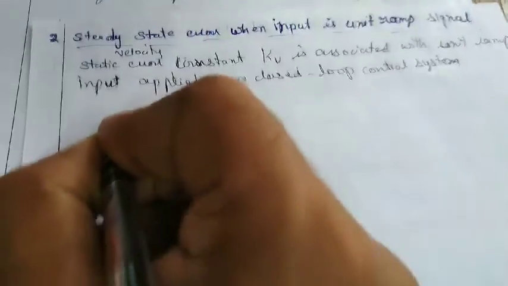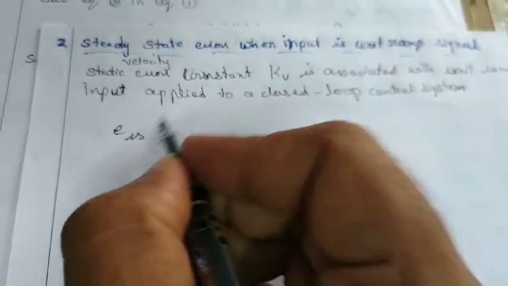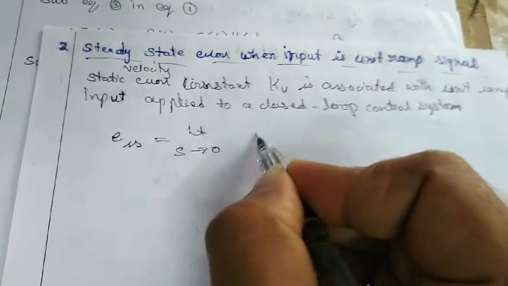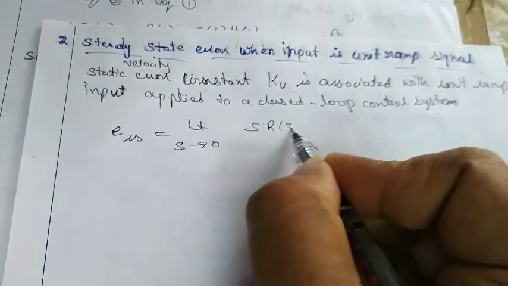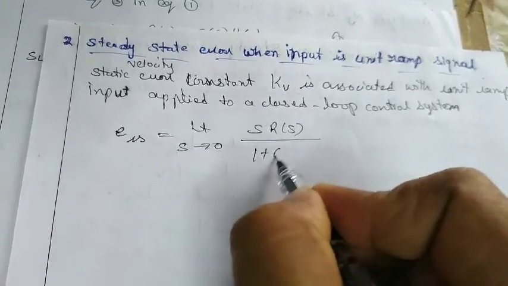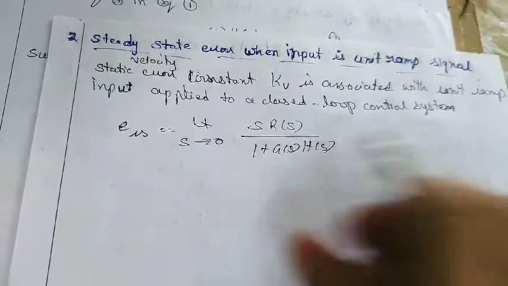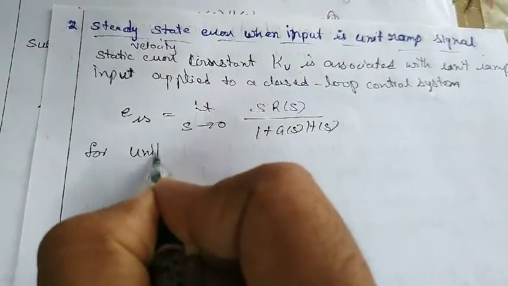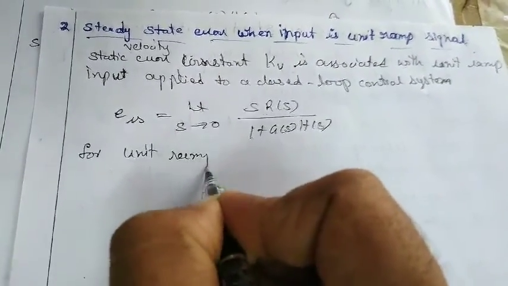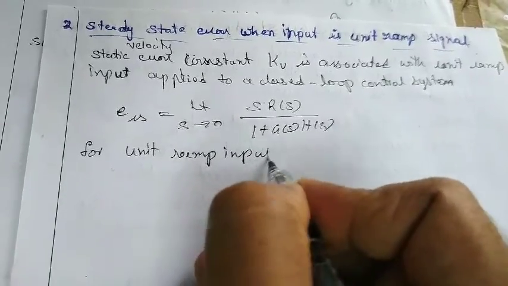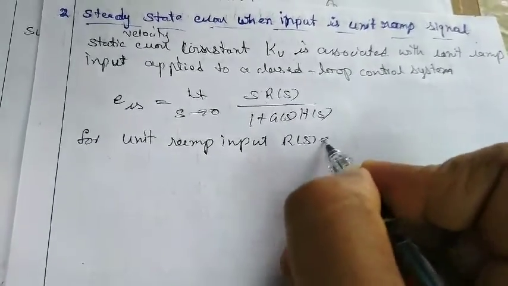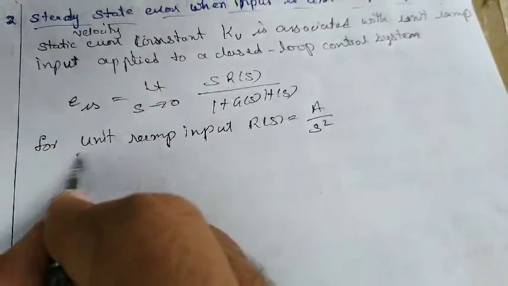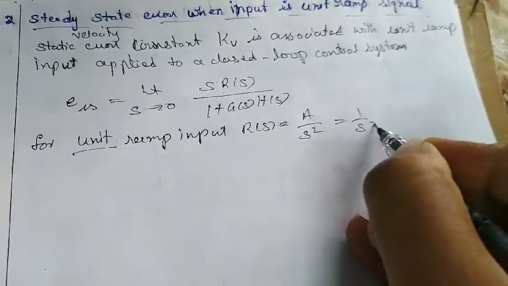As we know, ESS, the steady state error, is given by limit s tends to 0 of s into R(s) divided by 1 plus G(s)H(s). For ramp input, R(s) is given by A by s square. If I take unit, it will be 1 by s square.